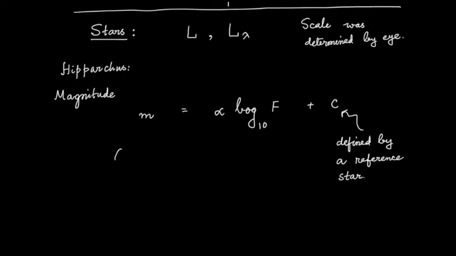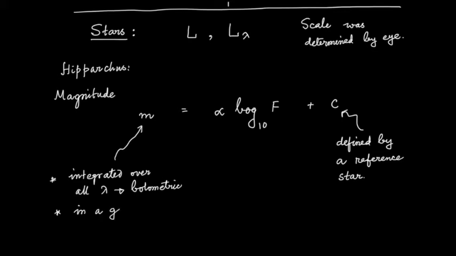Now, this m can be either integrated over all wavelengths, so then we call it bolometric, or it can be in a given lambda. So that is more like specific.